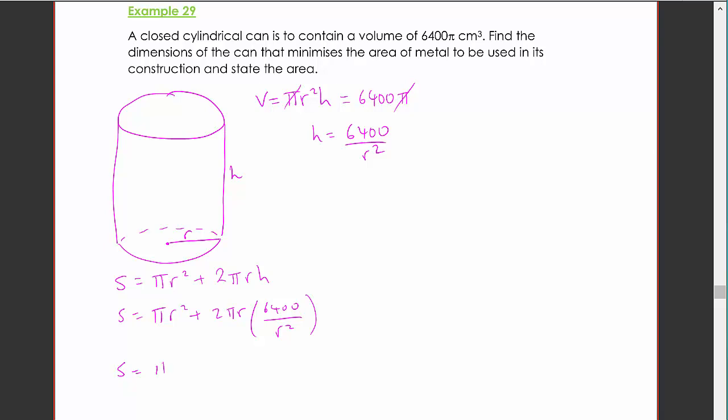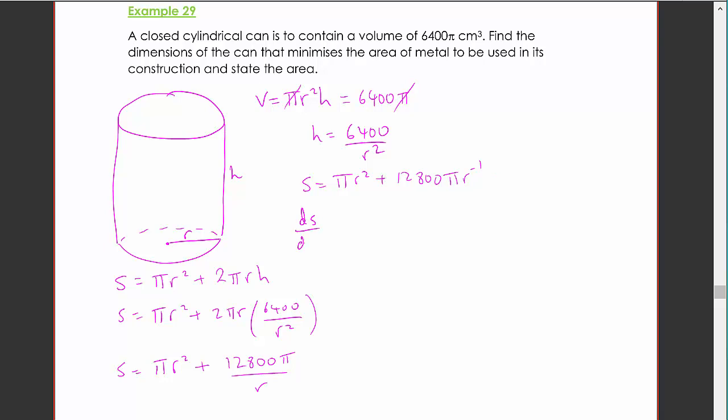So that's going to be pi r squared plus 2 times 6,400, 12,800 pi over r. Or, if we like, pi r squared plus 12,800 pi r to the negative 1.